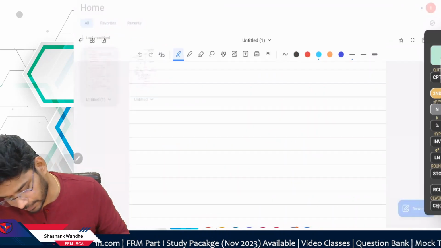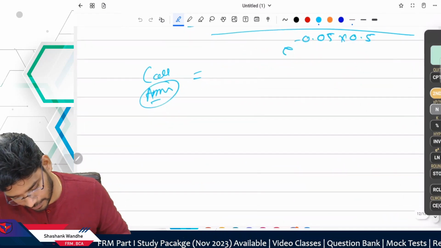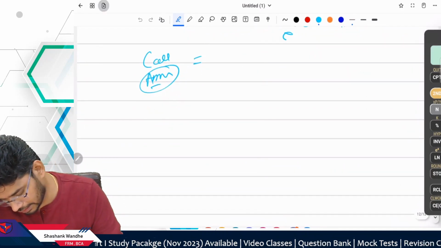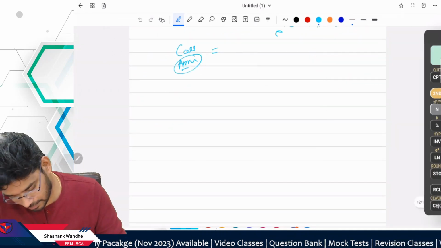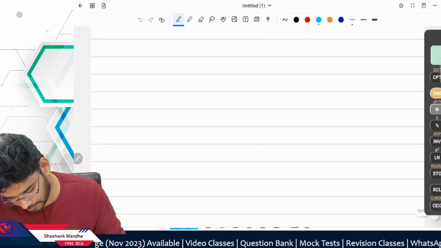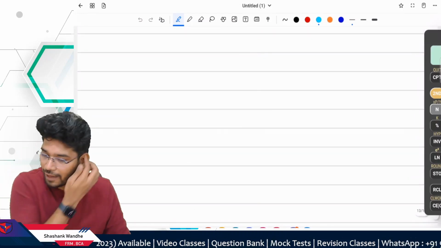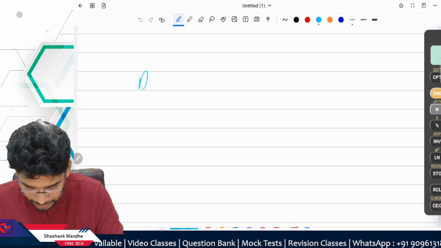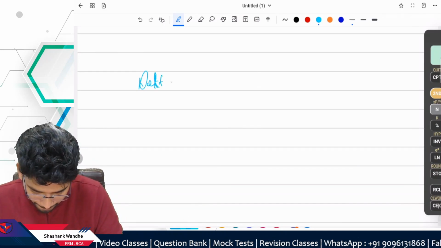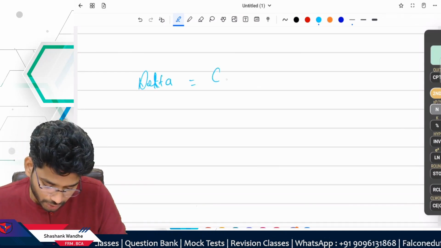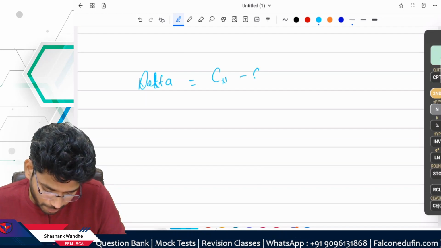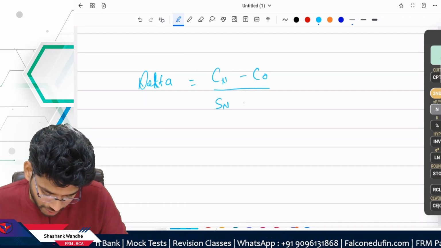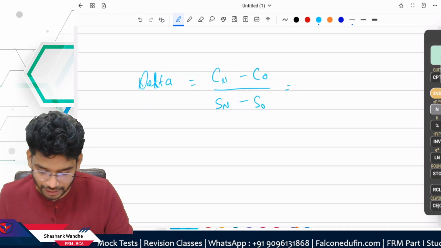So here, let's see what delta is first. If I have to calculate delta roughly, I will calculate it like this: call price new minus call price old, divided by underlying price new minus underlying price old.